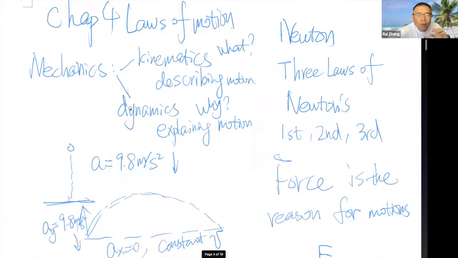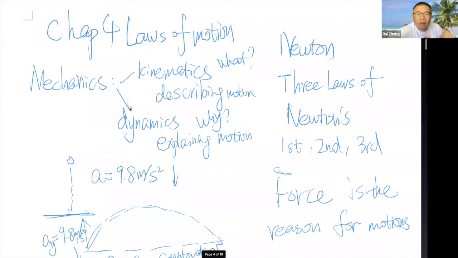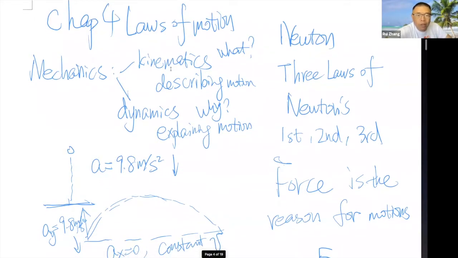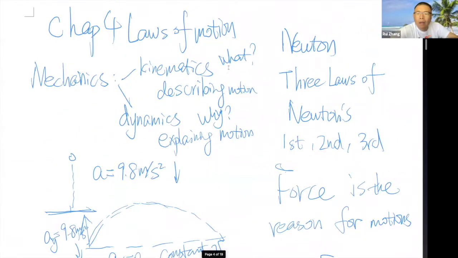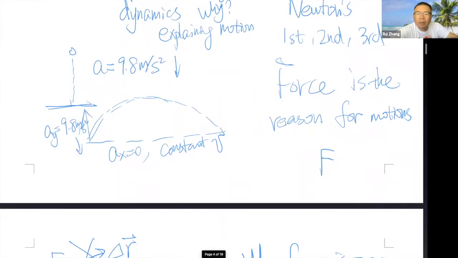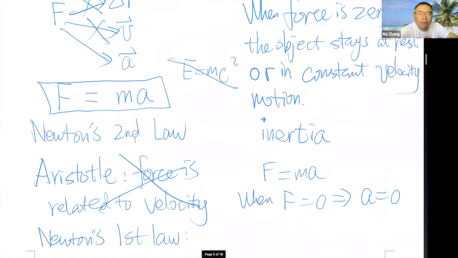Okay. Again, this week we talk about chapter 4, which is laws of motion, and we're interested in the question of dynamics, which is explaining motion. We have three laws of Newton's. That's the basic dynamical law in mechanics: first, second, and third. The most important one is the second law, F equals ma.